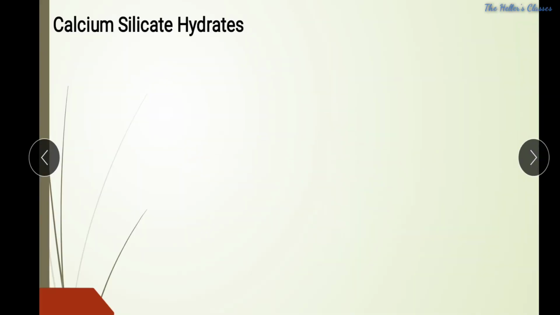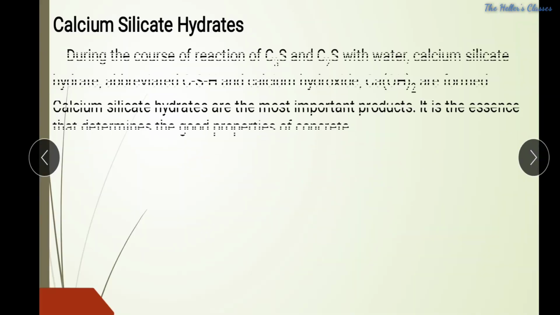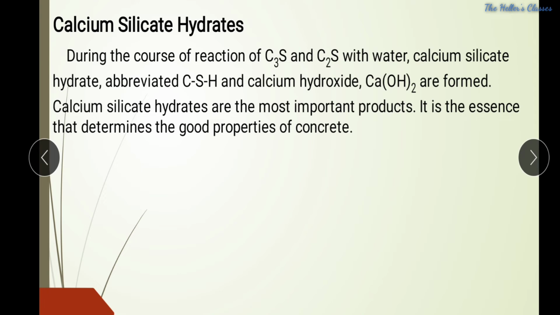The maximum percentage is occupied by calcium silicate hydrates. The maximum volume will be occupied by tricalcium and dicalcium silicates when they react with a little bit of water or a maximum amount of water.